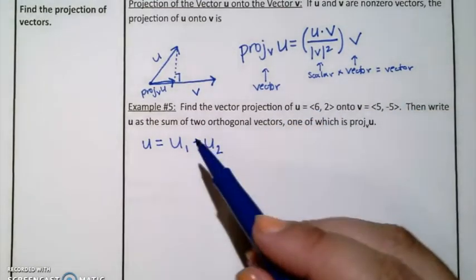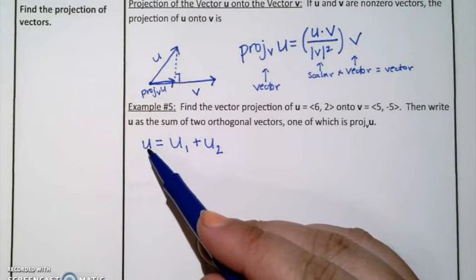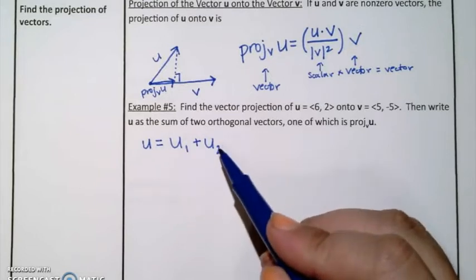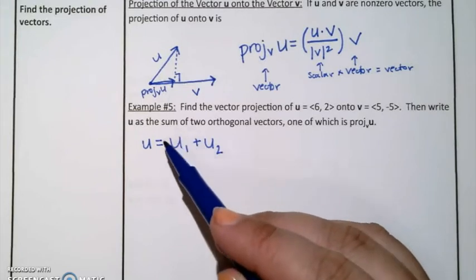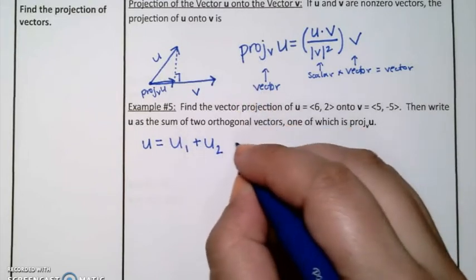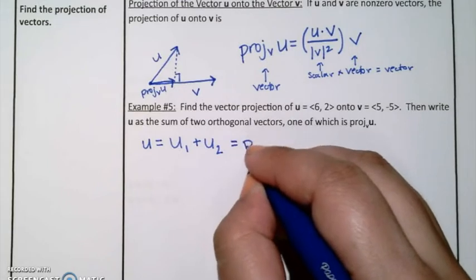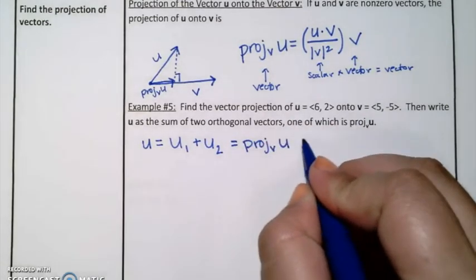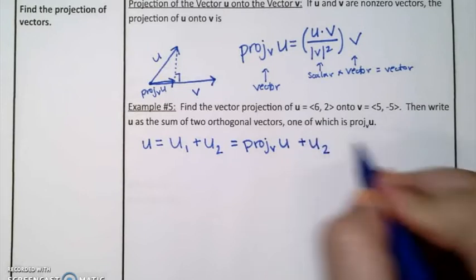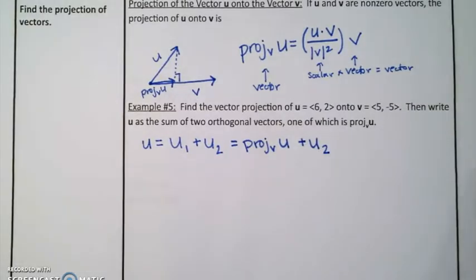Okay, so this is a reminder that u is going to be written as a sum of two vectors. If one of our vectors is going to be the projection, so let's say that u is equal to the projection onto v of u plus whatever our second vector is, right?